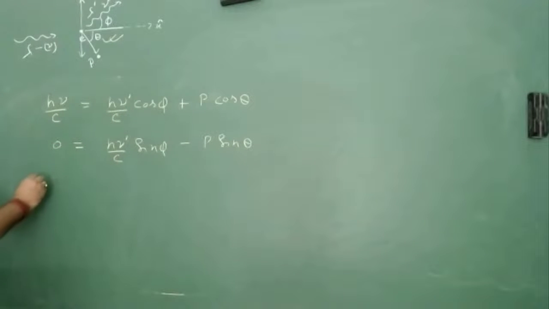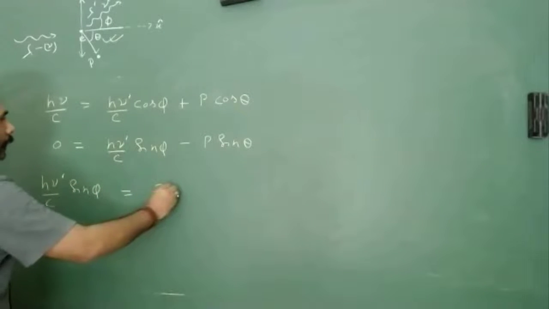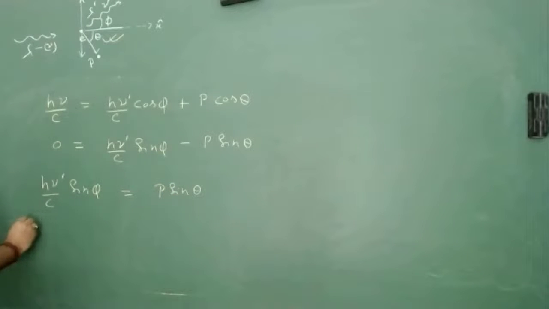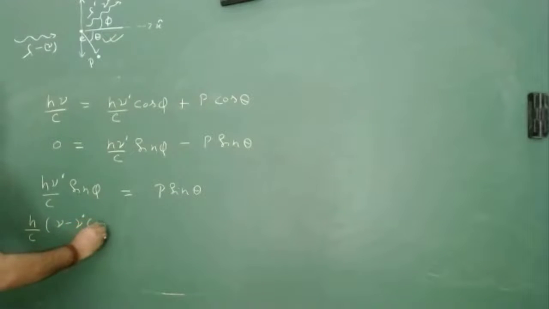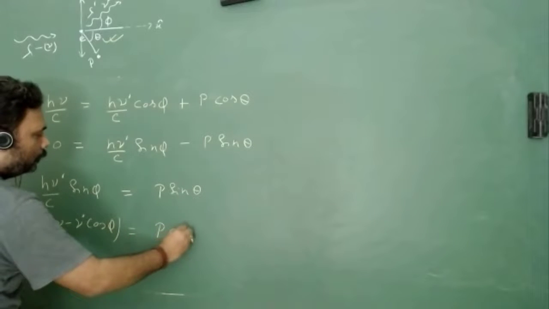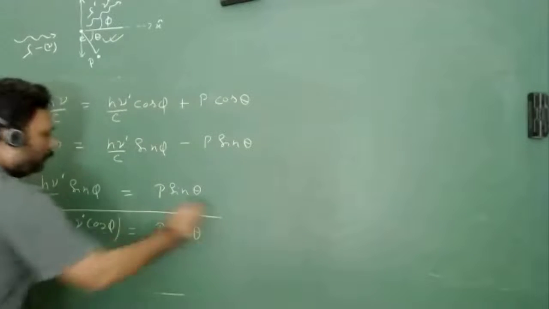So we have h nu dash upon c sin phi is equal to p sin theta, and in the other, you can take h upon c common, so that will be (nu minus nu dash cos phi) is equal to p cos theta. What you can do is divide all these.